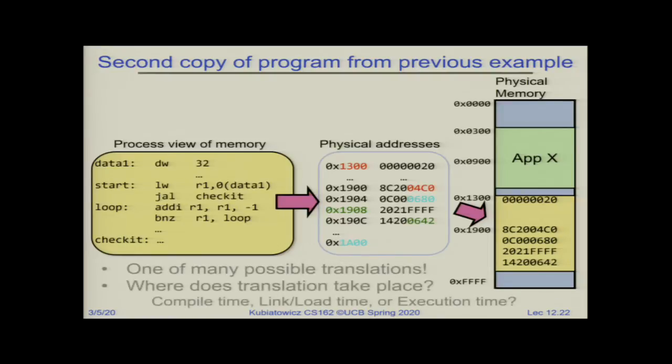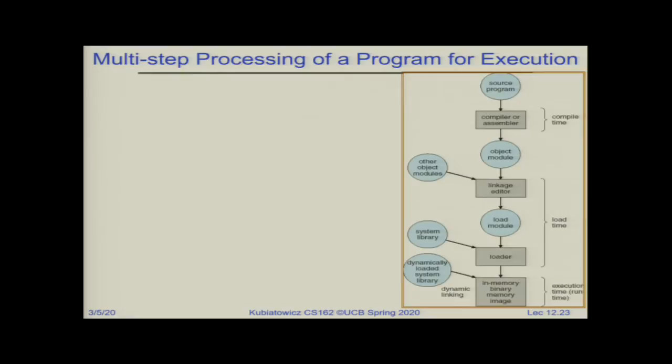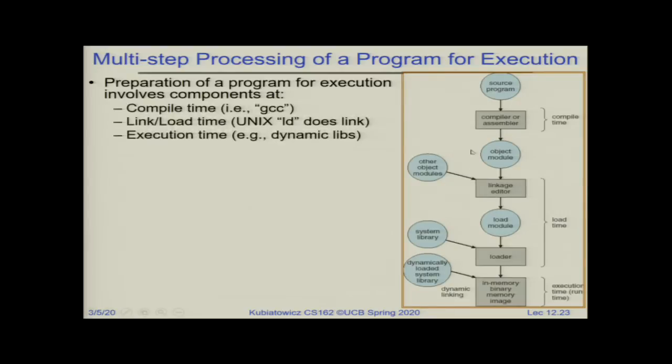Okay? And where does this translation take place? Well, it could be in many places: at compile time, link or load time, or execution time if we have something else going on like translation. Now, this process of going from a program to a binary image that's running in memory goes through many steps.